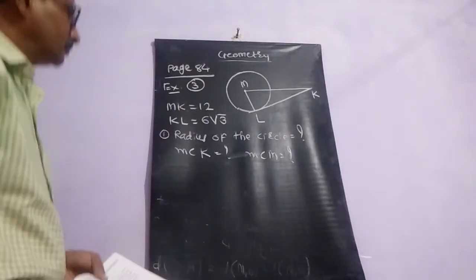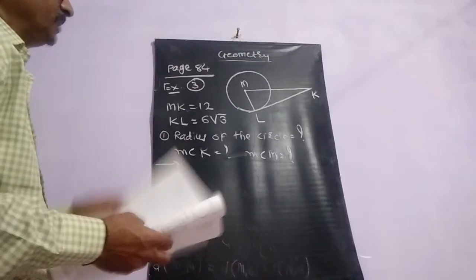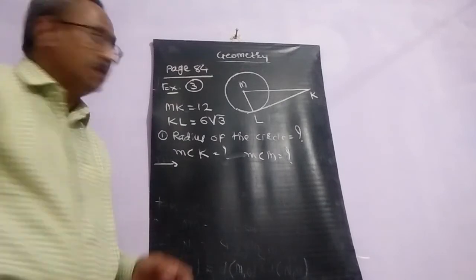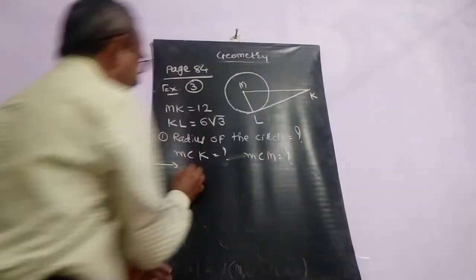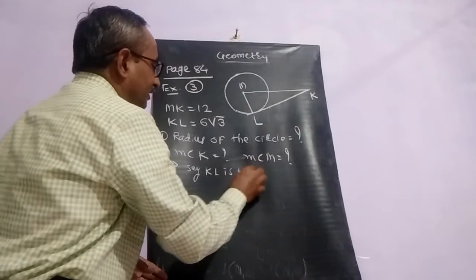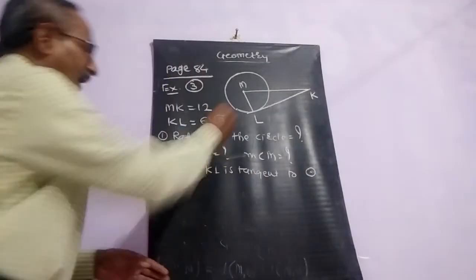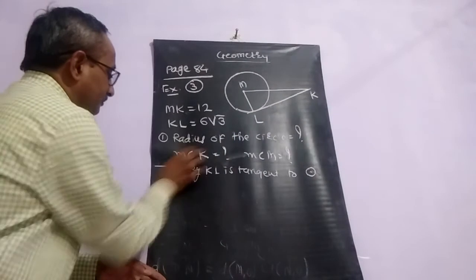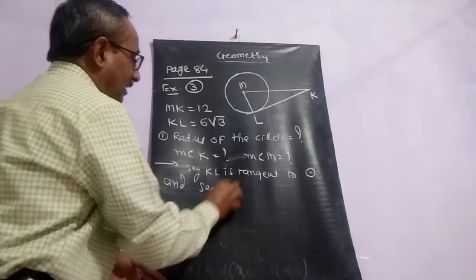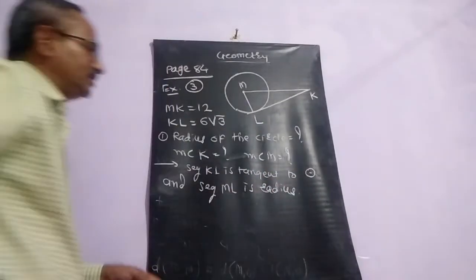So here we can solve it. Very simple example. We know that segment KL is tangent to the circle, and segment ML is the radius.